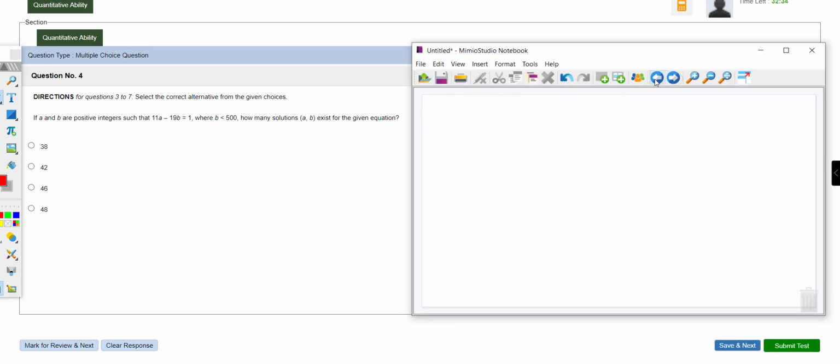Let's do this. The equation is 11a minus 19b is equal to 1. We need to find the first solution by using the trial and error method. So 11a is equal to 19b plus 1. So 19b we can write as 11b plus 8b, plus 1, that is equal to 11a.